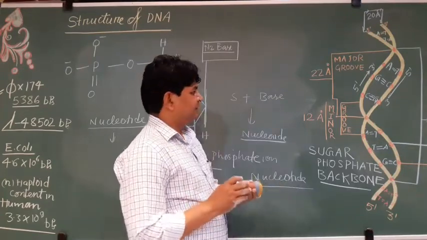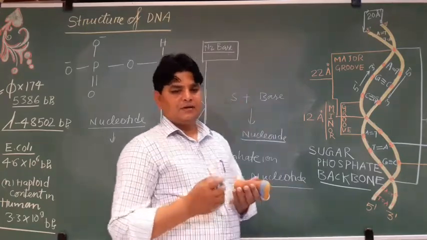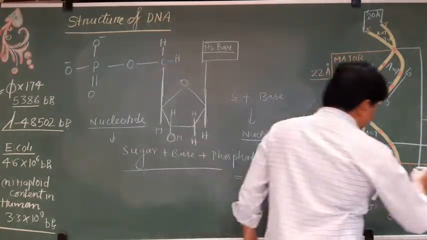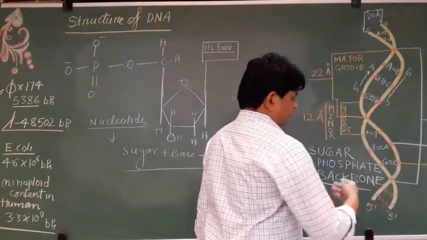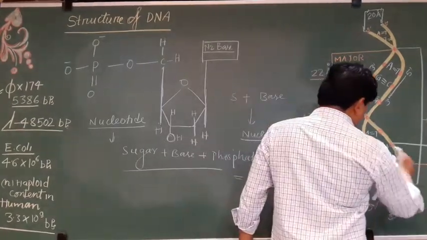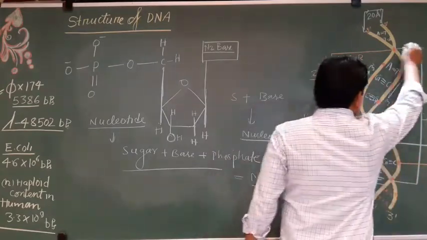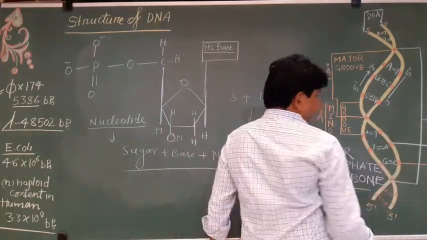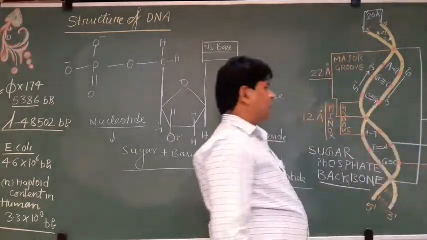Consequently, the distance from one base pair to the next is 3.4 angstrom or 0.34 nm. So between two base pairs is 3.4 angstrom, and this is the pitch of the helix, which has 10 base pairs. 3.4 angstrom into 10 is equal to 34 angstrom.